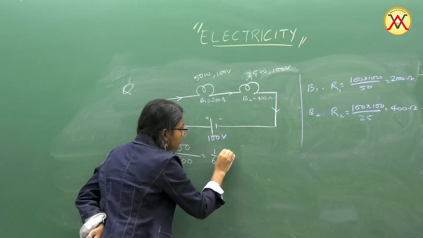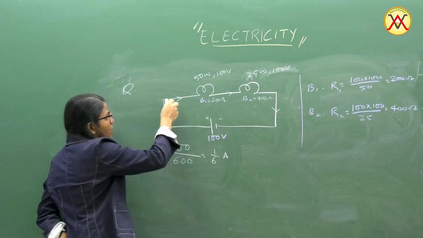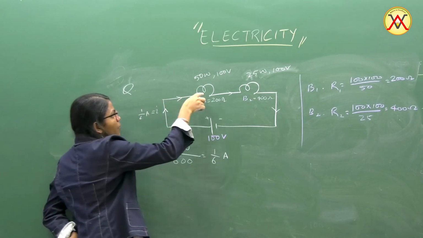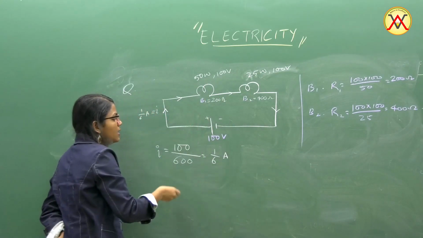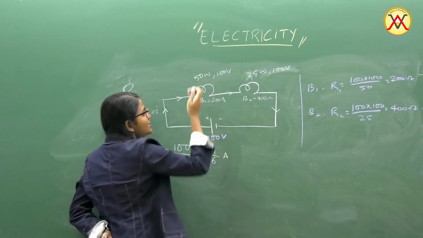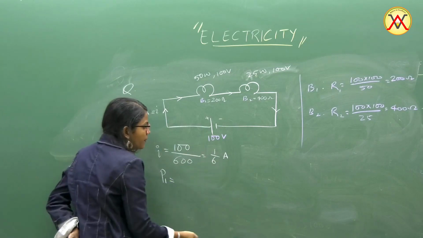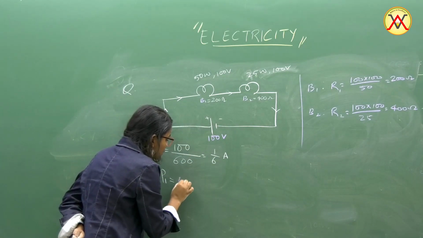That is, our current is 1 by 6 amperes. Now, this current goes through bulb 1 and bulb 2. So for bulb 1, using this current and this resistance value, what is our power? P1 would be I square R.